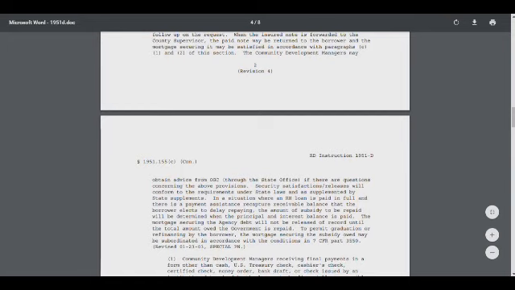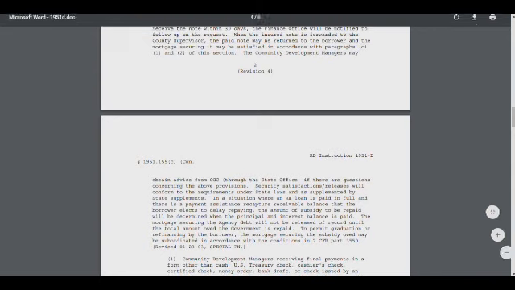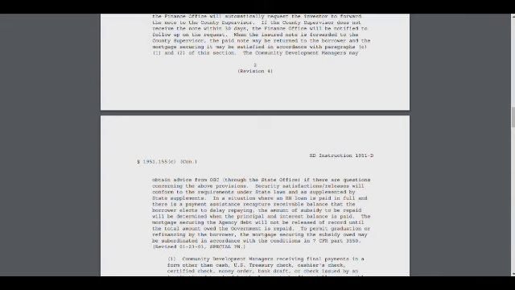The mortgage securing the agency debt will not be released of record until the total amount owed the government is repaid, to permit graduation or refinancing by the borrower. The mortgage securing the subsidy owed may be subordinated in accordance with the conditions in 7 CFR Part 3550. Revised 01/23/03.